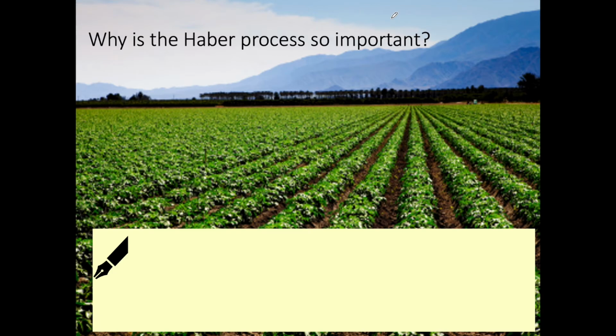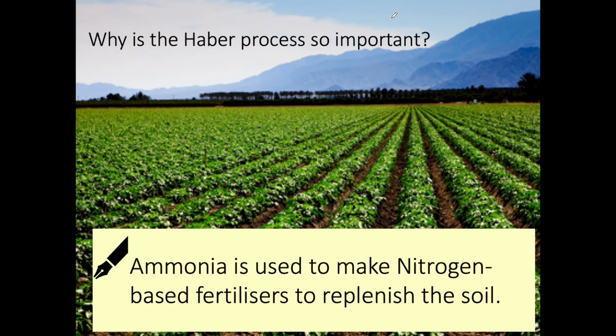So instead, what farmers can do is put out fertiliser. An example of that fertiliser is ammonium nitrate, containing those soluble nitrates that soil needs. And ammonia is a key ingredient in making nitrogen-based fertilisers to replenish the soil. This is what we're going to be focusing more on next lesson. If you can just pause the video whilst you make a note of this.